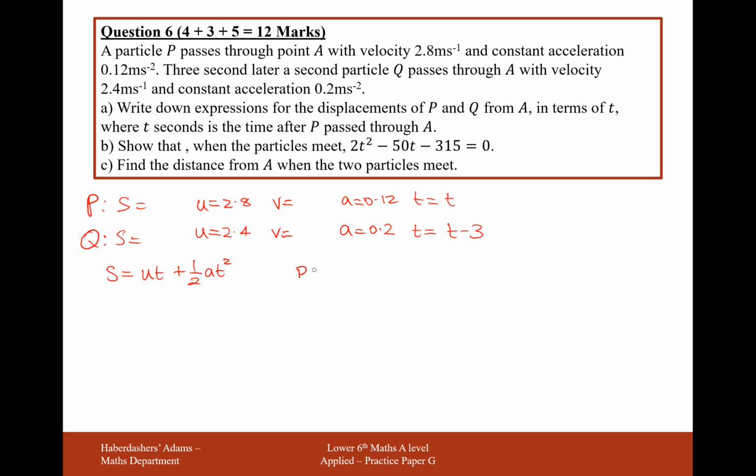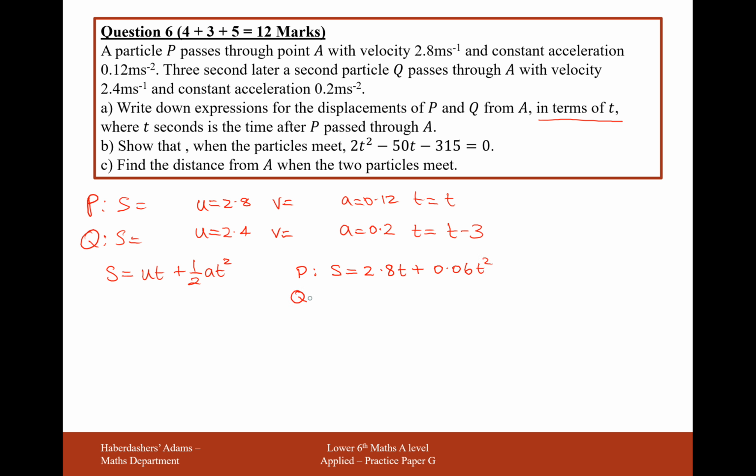So for P, and it's in terms of T, so it can include T just like in our answer, it's going to be S equals 2.8 times T, add half of the acceleration, so 0.06 times T squared.